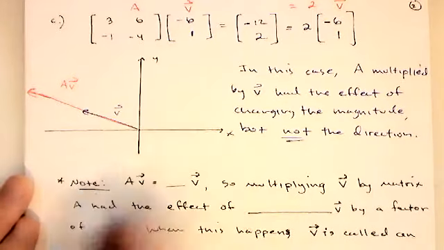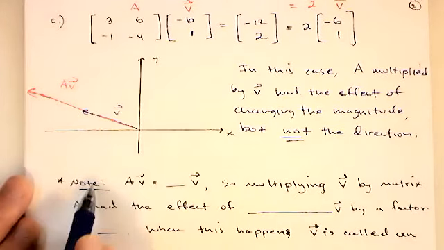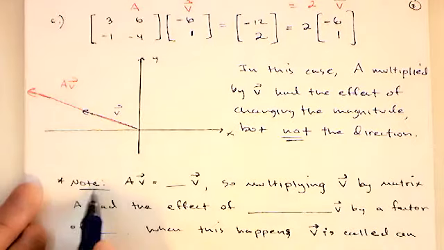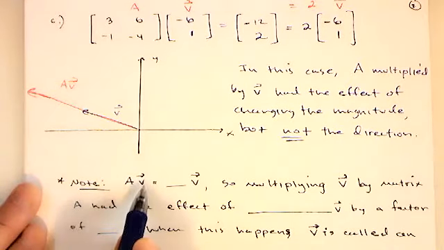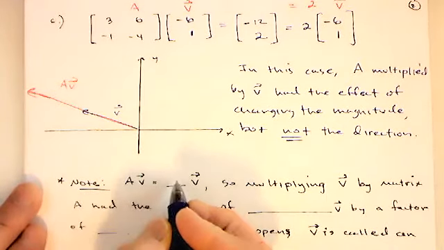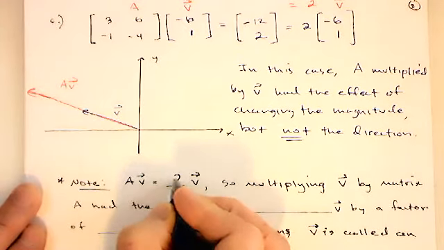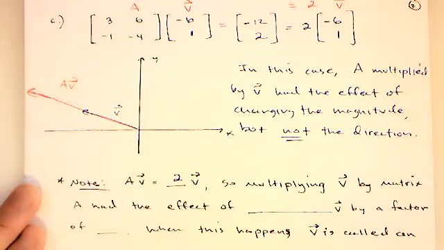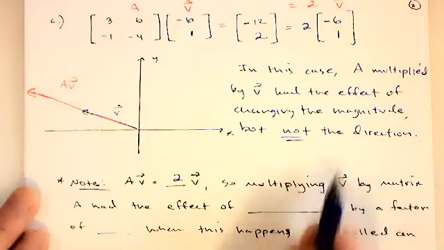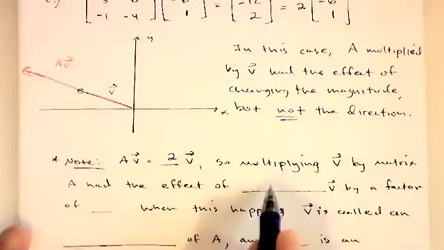So to summarize what we just learned here, when we multiplied A times V, we ended up getting 2V, right? It doubled the length. This is kind of summarizing what I just wrote here.